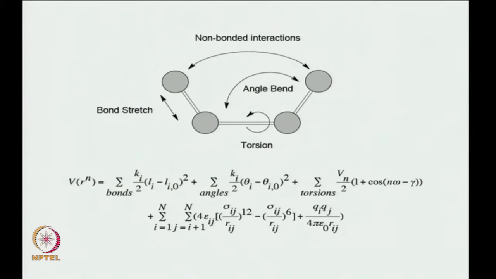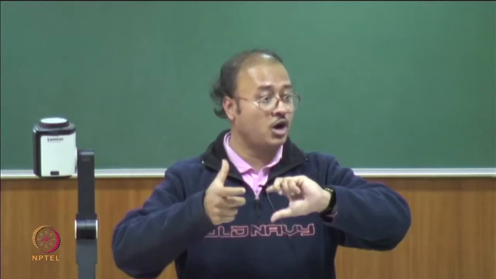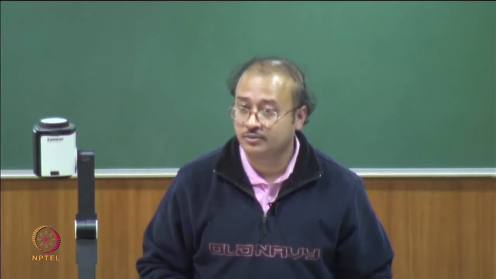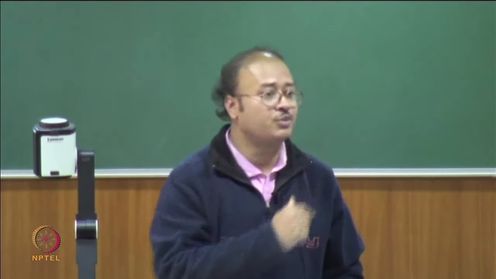Then we can have bending motion, right, like we have stretching, symmetric, antisymmetric, we can also have bending, that is also potential energy of interaction. Okay. Then we can have torsion, that means you are moving it with respect to a bond, you are doing a torsion application, that is also a potential energy of interaction.